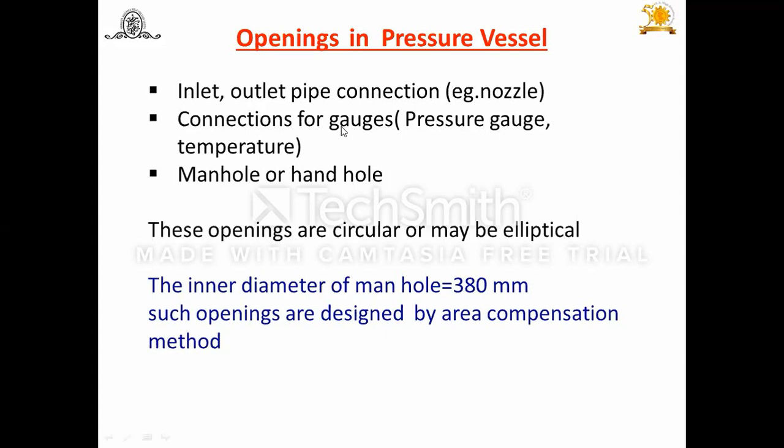Now let us start. In a pressure vessel, you will find different connections: inlet, outlet pipes or nozzles, connections for gauges such as pressure and temperature gauges, and safety valves or pressure relief valves. These attachments are required from a safety point of view, and manholes and handholes are also provided. But how to fit them? For this, some material is removed from the pressure vessel.